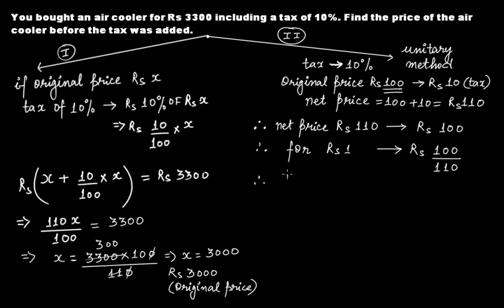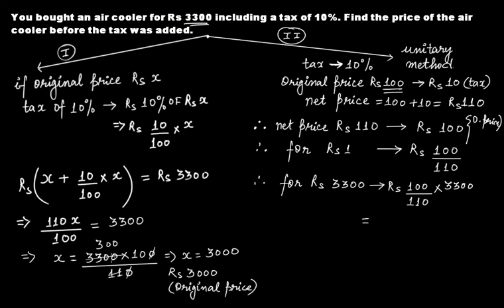Therefore, for this one, that is the net price that's here in our question, for rupees 3300, your original price will be, remember, this portion is for original price. So for rupees 3300, your original price will be rupees 100 divided by 110 multiplied by 3300.